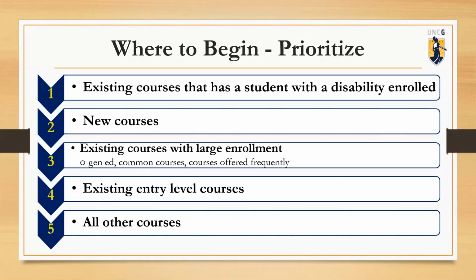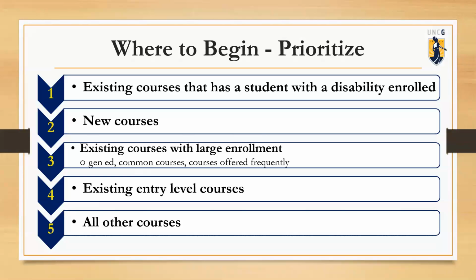Also with entry-level courses, if you're looking at a program, most students, not all students, but most students, are going to start with those entry-level courses. They're going to start with those freshman courses.